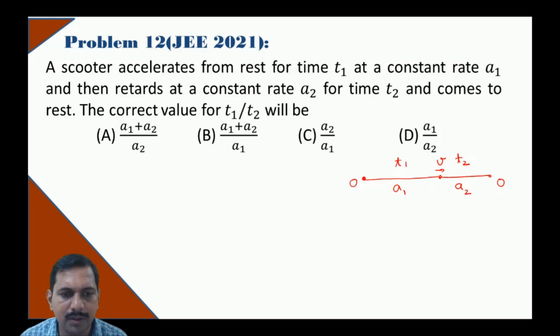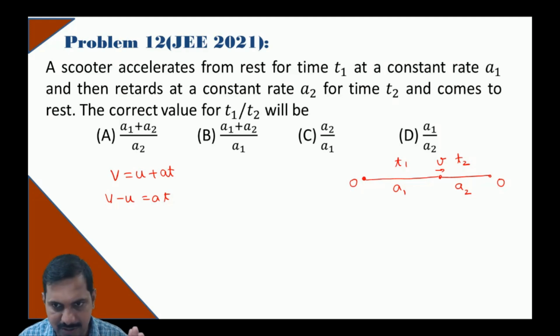So here one of the things we have to use is v is equal to u plus at, right? So v minus u is equal to a into t. Now if you consider the first part, the amount by which the velocity increases is equal to the amount by which it decreases in the second half.